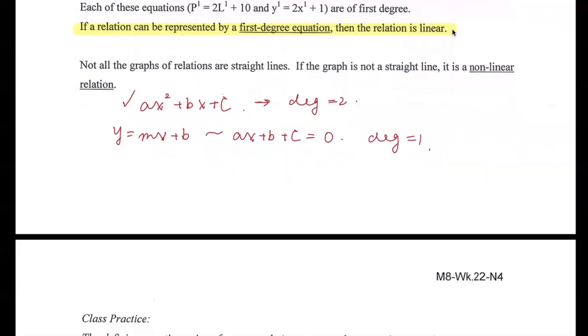And it says, not all the graphs of relations are straight lines. If the graph is not a straight line, it is non-linear relation. Remember what I said in class? I think I said that maybe multiple times. In mathematics, linear equation or linear relation and straight lines are mathematically equivalent. Okay, so there are just two different representations, but they are the same thing.